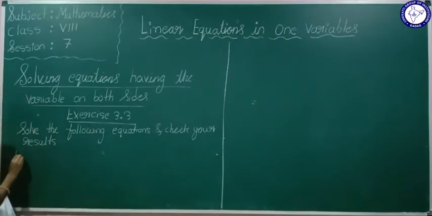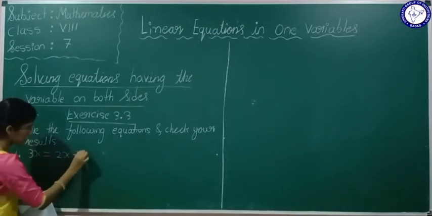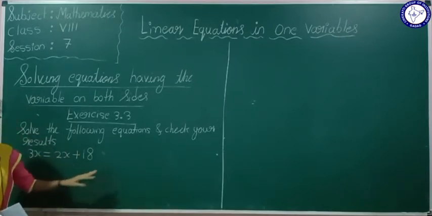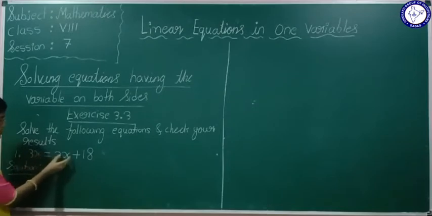The first one is 3x is equal to 2x plus 18. Now see here, solution. Here 3x is equal to 2x plus 18.